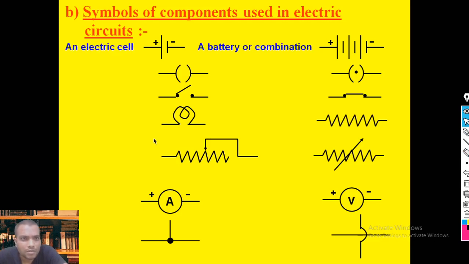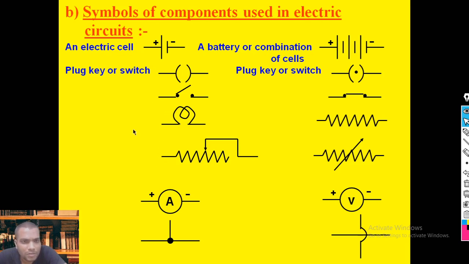The first one, on my left side, is a cell, an electric cell, and a combination of cells is known as a battery. The second one is the plug key or switch.